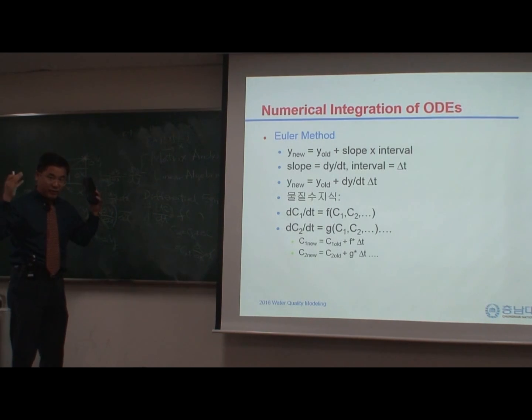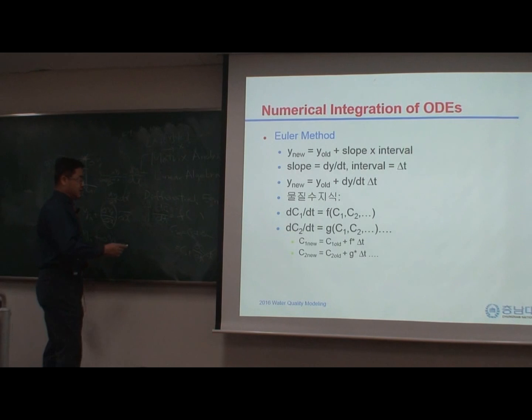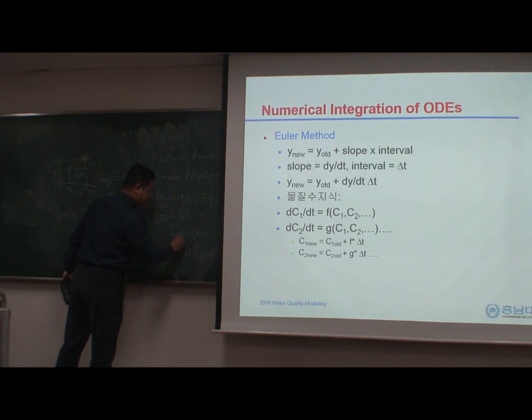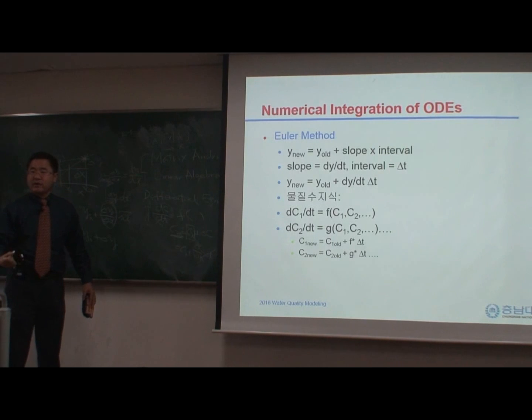But in here, what we have to remember is the condition. To calculate this one, you have to know the previous value. If you don't know, no way. You cannot even start.